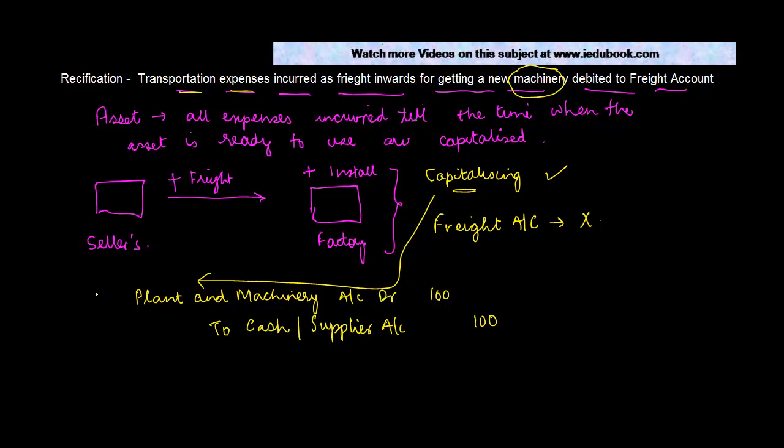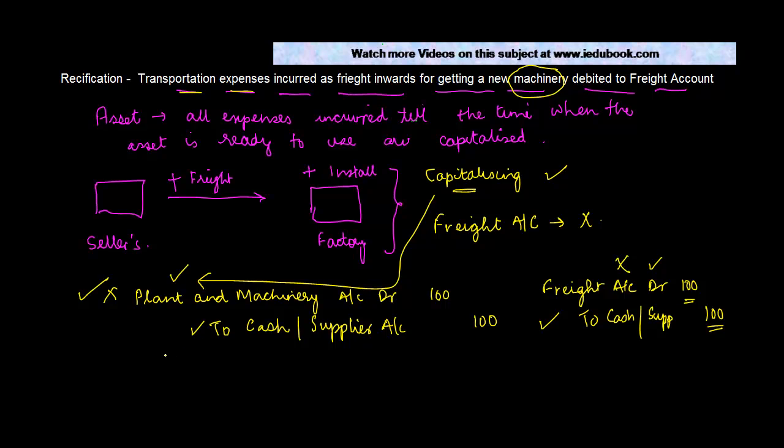But what I did was, instead of debiting the plant and machinery account, I debited the freight account by the same number, and I credited the cash or supplier account as the case may be, right? So while this account got credited correctly, there was a debit in freight account which was incorrect and a correct entry was omitted.